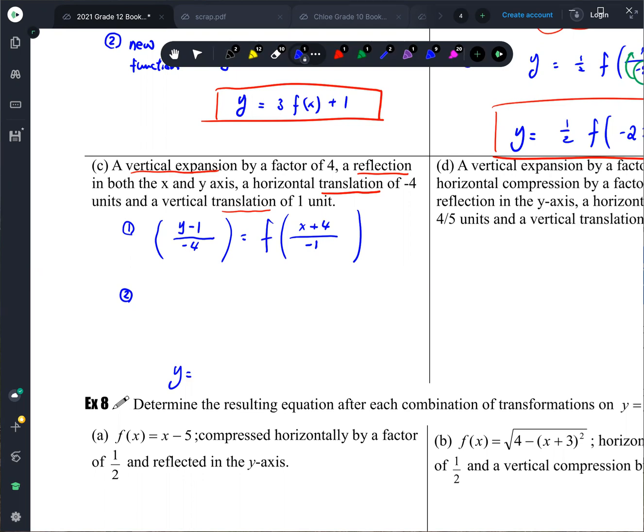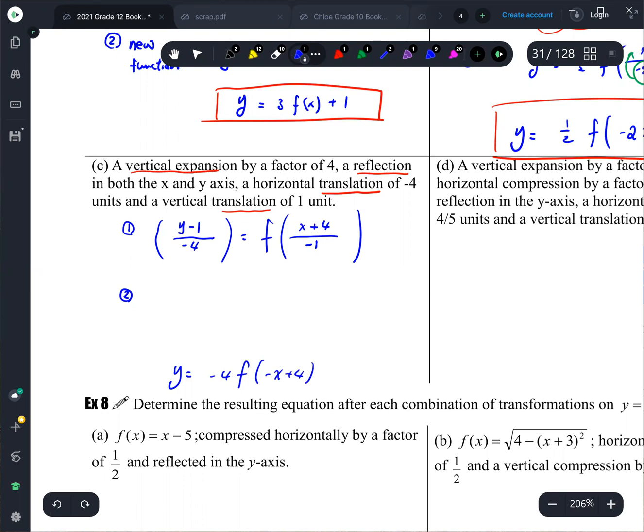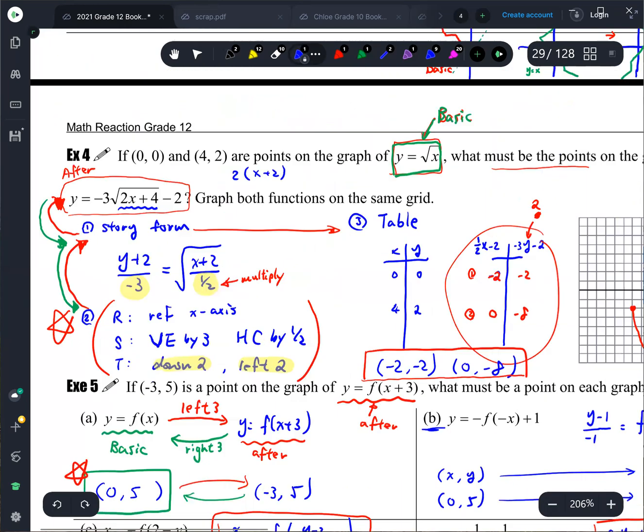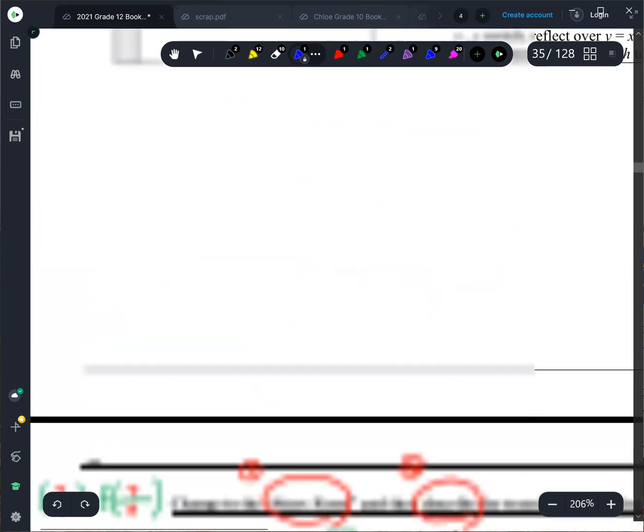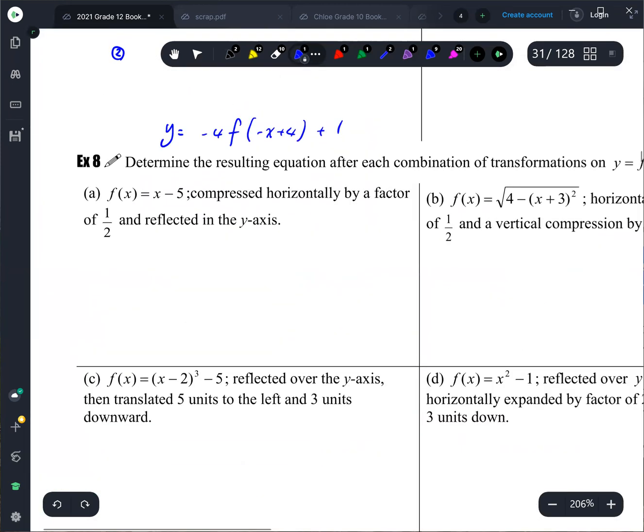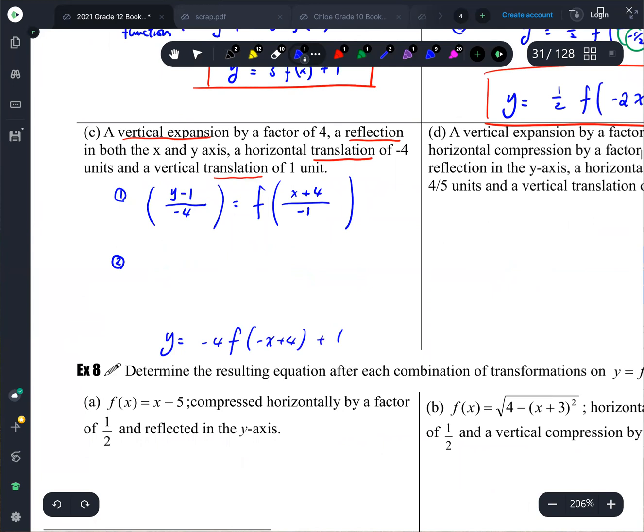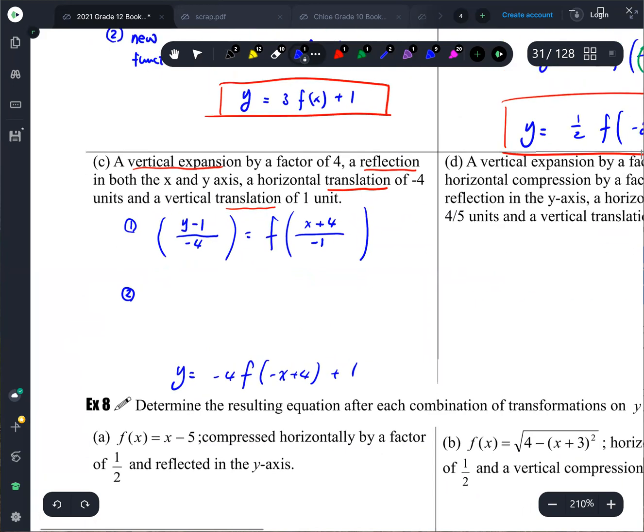Okay, Evan, what's your function look like? I have y equals -4f bracket -x plus 4 plus 1. Okay, anyone else got different? No. Jason? Yes.